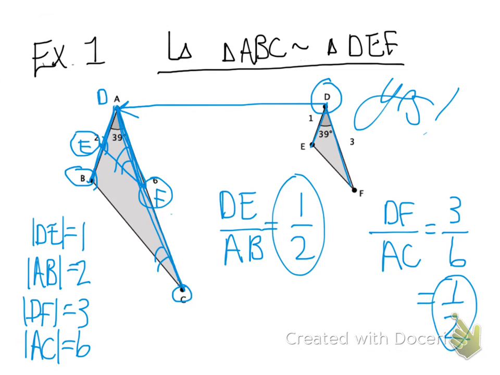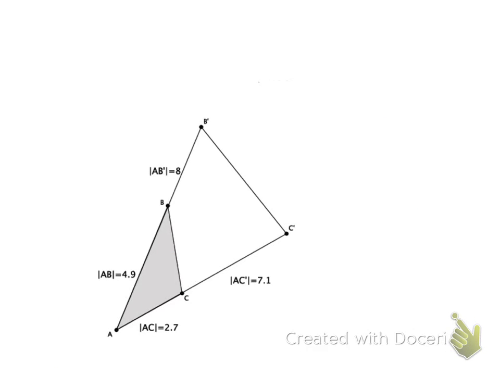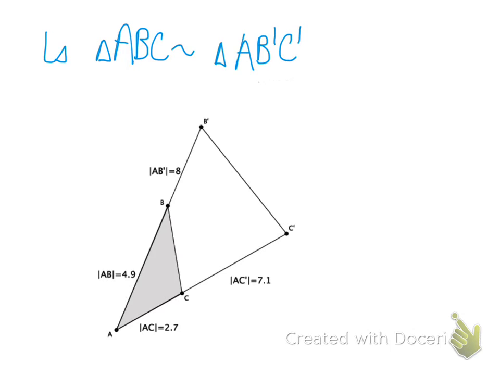Okay, so let's look at another one. Okay, so here's the diagram for our next example. So in this one, once again, we're asked, is triangle ABC similar to triangle A, B prime, C prime?